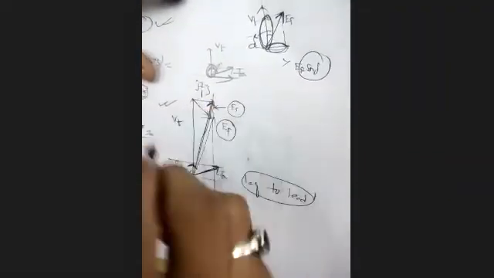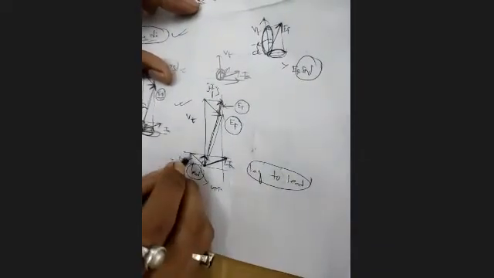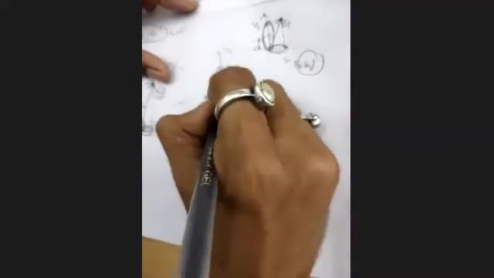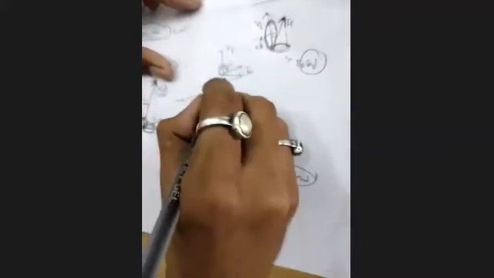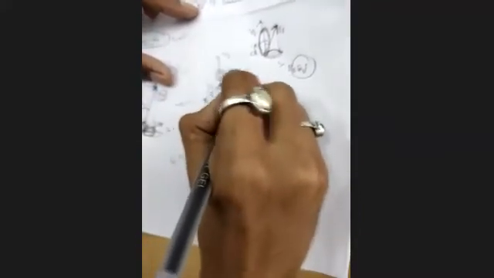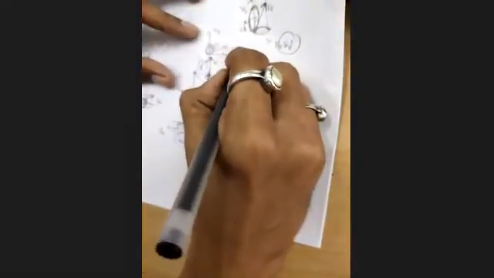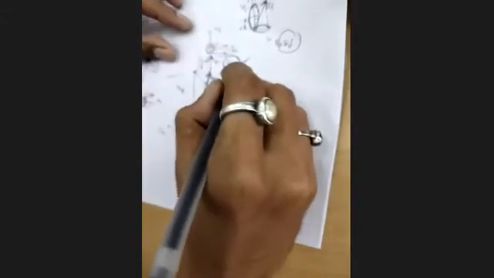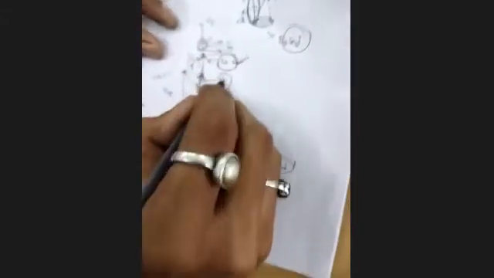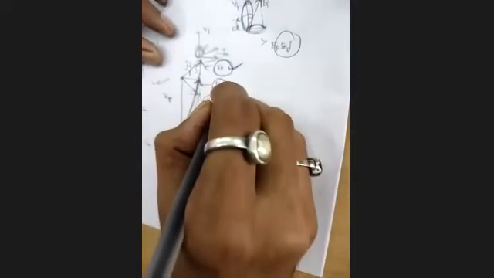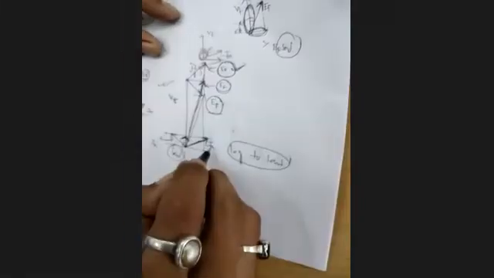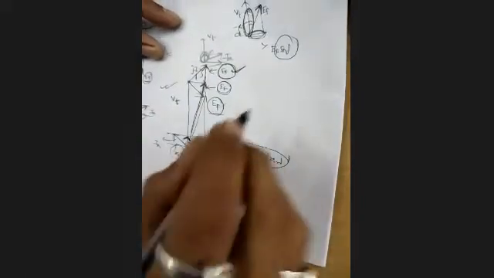And whenever the current is leading, the excitation EMF will be larger than this. This will be the EMF during leading condition. Excitation EMF is large whenever the current is leading. It reduces at unity power factor, and is again reduced whenever the armature current is lagging.